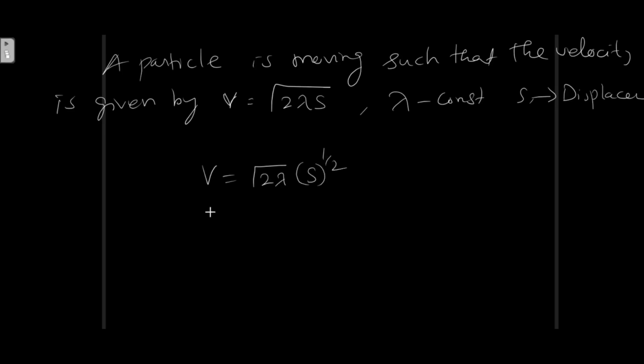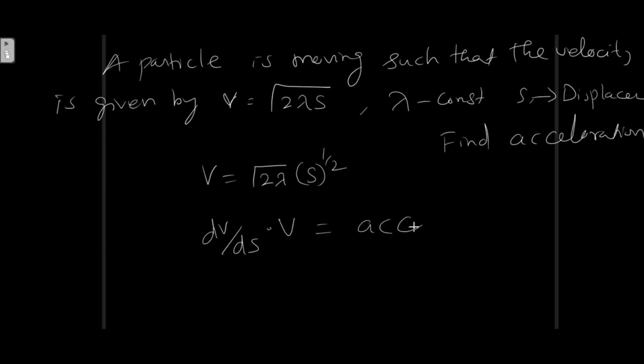So now we will differentiate v with respect to s. Actually, v is a function of displacement. To find acceleration, what do we need to do? First of all, dv by ds, then multiply by v, which gives acceleration.